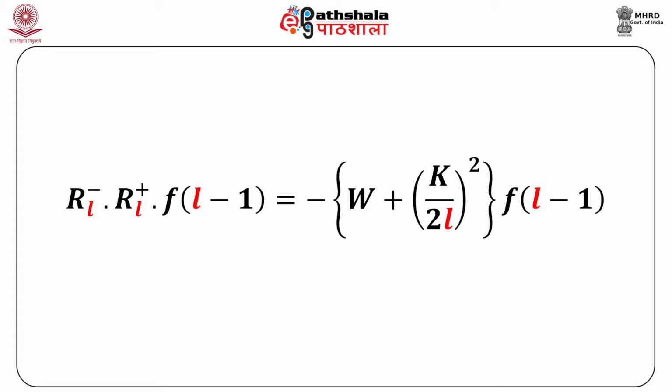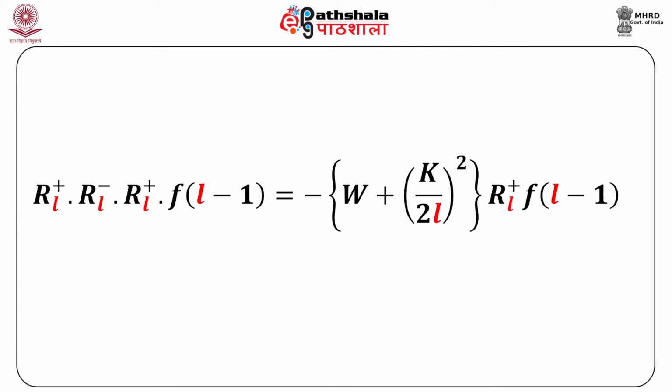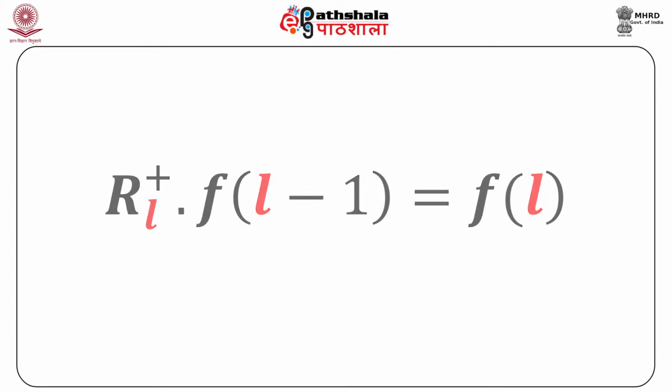square in FL minus 1 with RL plus, then you can see we get this equation, and this, if it is compared with our earlier equation, we will get RL plus FL minus 1 is equal to FL.